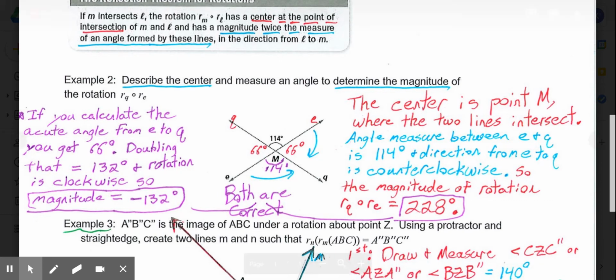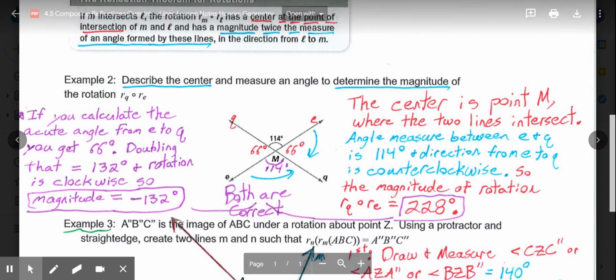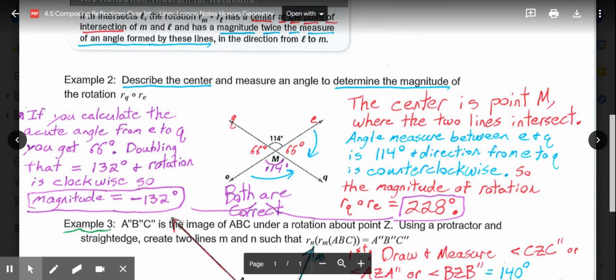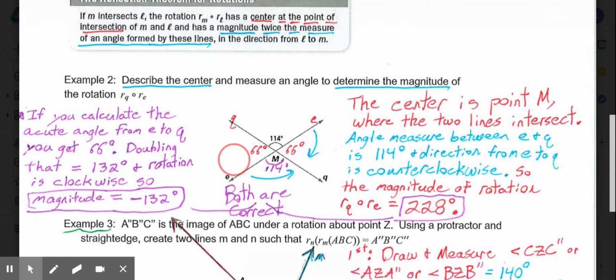You could have a magnitude of a negative 132 if you're looking at it going E to Q this way, or if you started here and then reflected over to here, you could also look at that as a positive magnitude going counterclockwise, giving you 228. Both of these are correct answers. So if I had a point here, reflected over E, then over Q, or if I had a point here, reflected over E, then over Q.